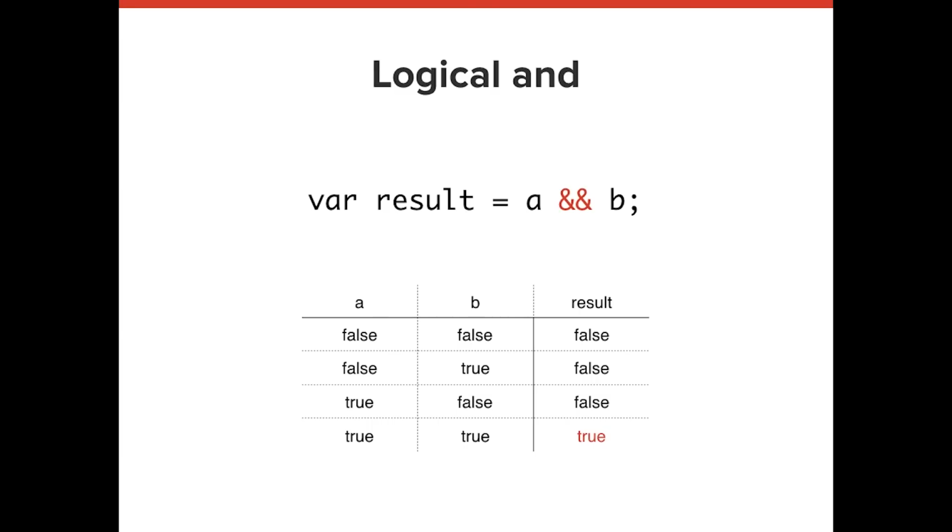So you will check a first condition and a second condition, and if both conditions are true, then the whole condition will be true. Otherwise, it will be false. That's what's represented by what we call the truth table below the statement. So it's always false unless two conditions are true.